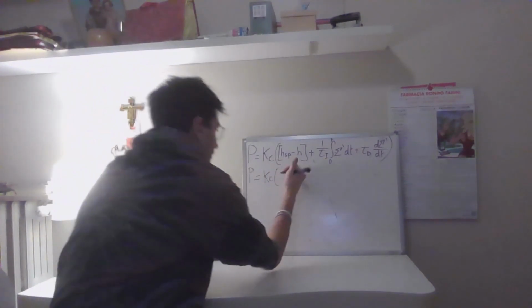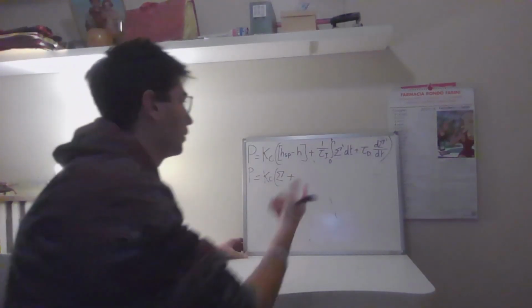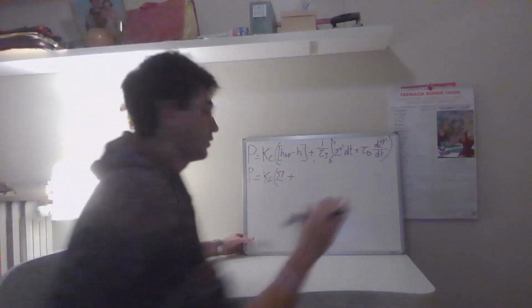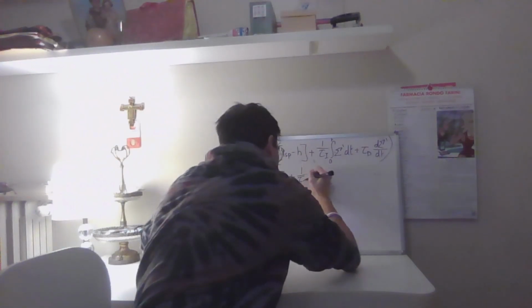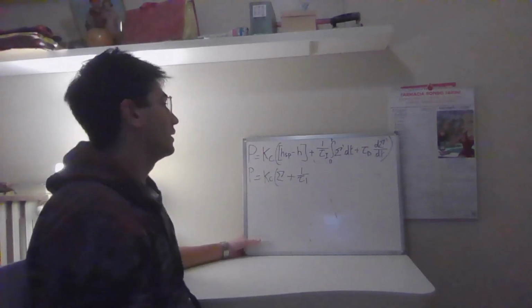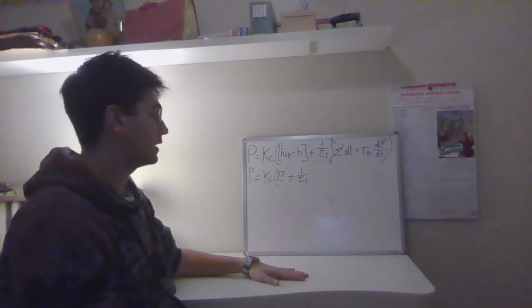And then this is our E now. And then we are adding 1 over tau I. That remains the same. And then we are multiplying it by the derivative with respect to time.